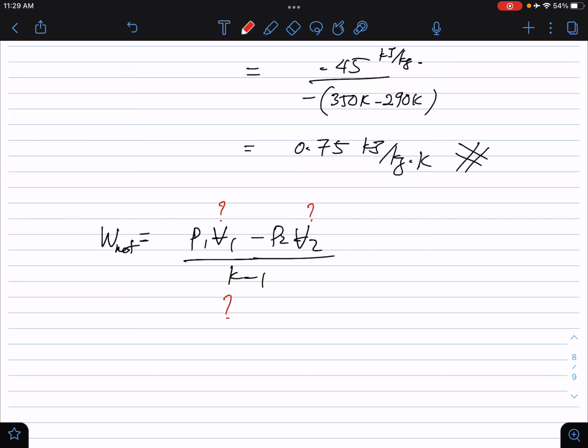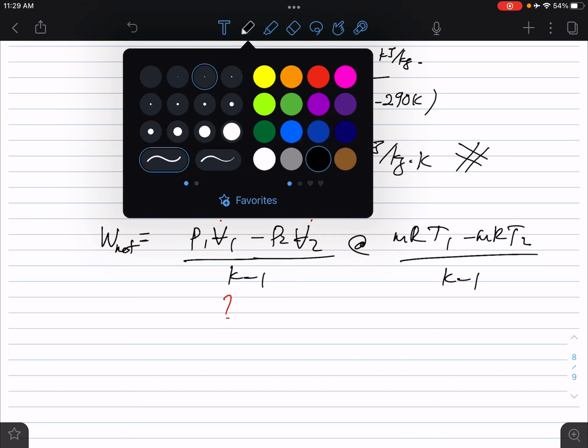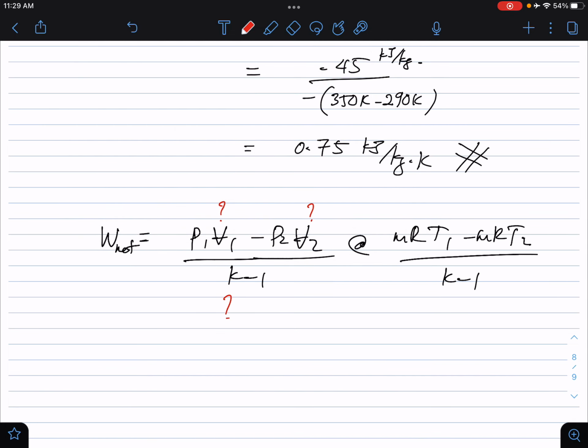That is 3 unknowns. If you translate it into (m R T1 minus m R T2) divided by (k minus 1), you are left with R and k, which is 2 unknowns.